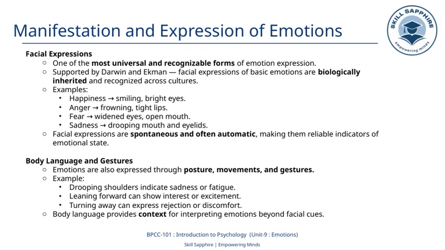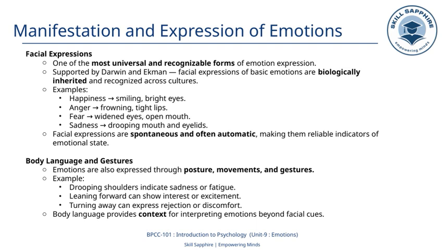If they're angry, you might notice a frown and tight lips. Fear shows up with widened eyes and an open mouth, while sadness often results in a drooping mouth and eyelids. What's interesting is that these facial expressions are usually spontaneous and automatic, which makes them reliable indicators of what someone is truly feeling. Now, moving on to body language and gestures.